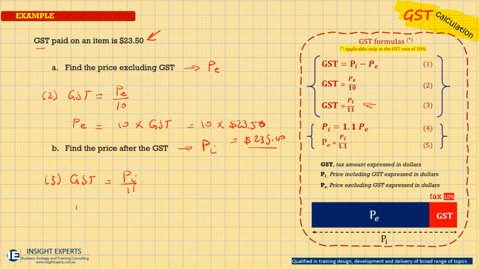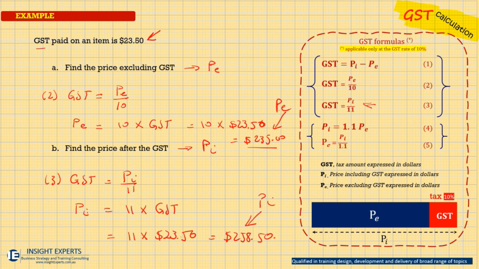In other words, PI is equal to 11 times the GST amount, which is 11 times, again, 2350, and that equals $258.50. So we have PI and we have PE here, and that's of course the GST amount.